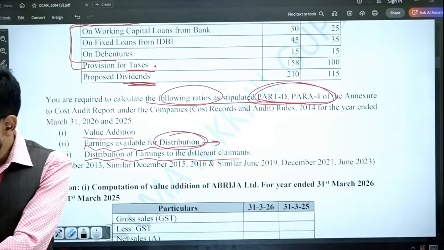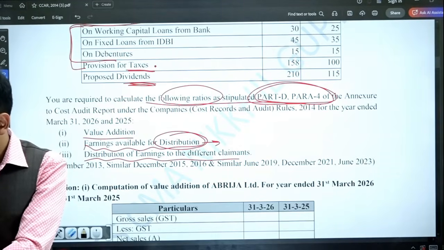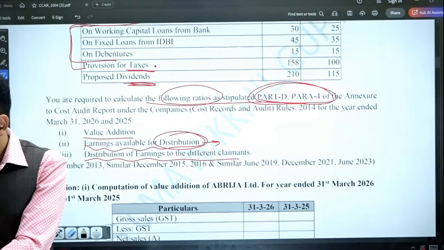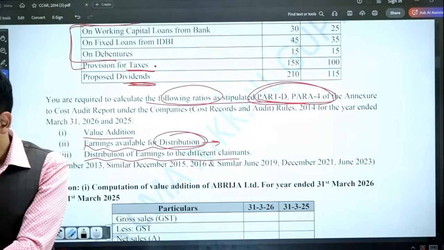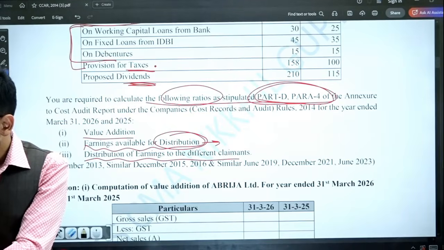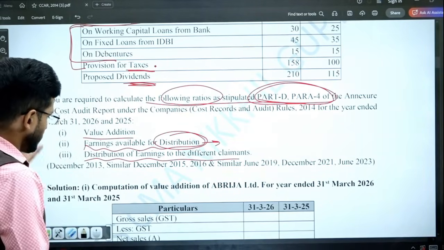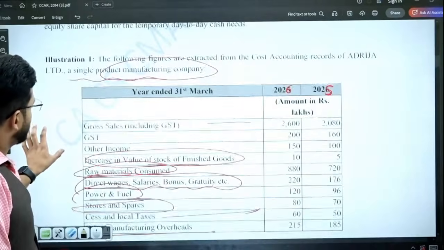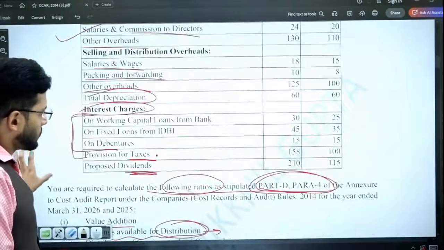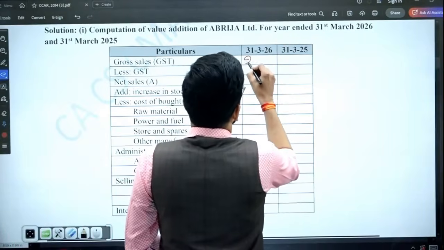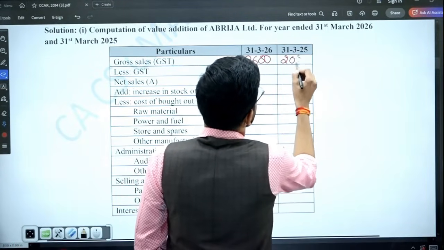Okay, let's start with gross sales. So we have been given gross sales, including GST, 2600 and 2080.